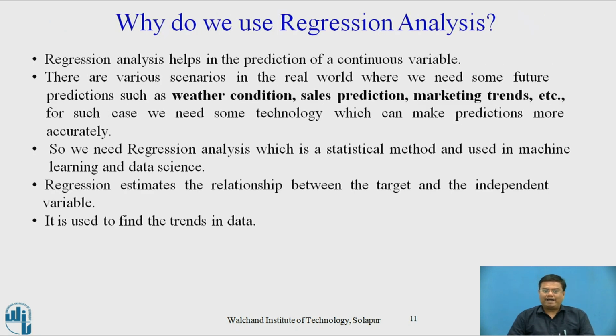Now we are going to see why we use regression analysis. Regression analysis helps us in prediction of continuous variables. There are various scenarios in the real world where we need future predictions, such as weather conditions, sales prediction, market trends, etc. For such cases we need some technology which can make predictions more accurately.